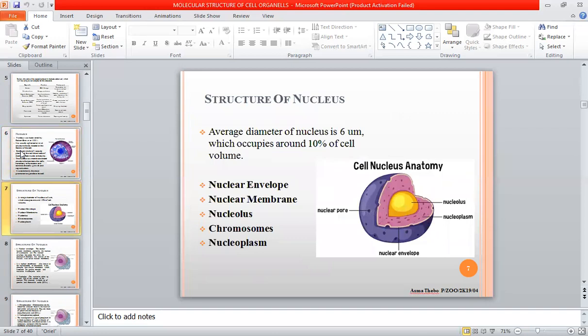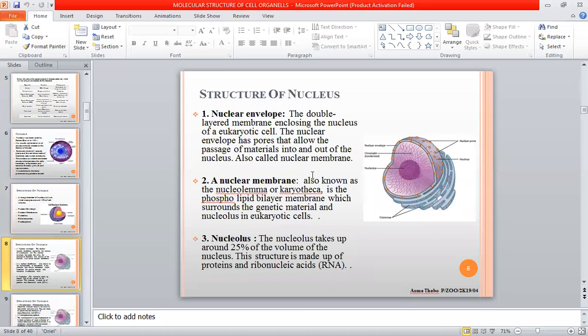These are the structural parts of the nucleus: nuclear envelope, nuclear membrane, nucleolus, chromosomes, and nucleoplasm. The average diameter of the nucleus is 6 micron, and it occupies about 10% of the cell volume.